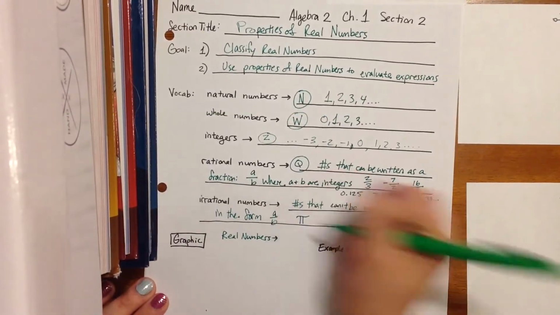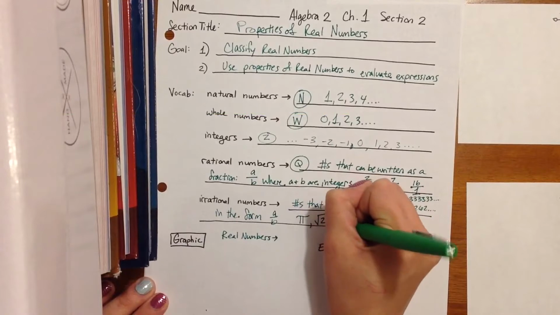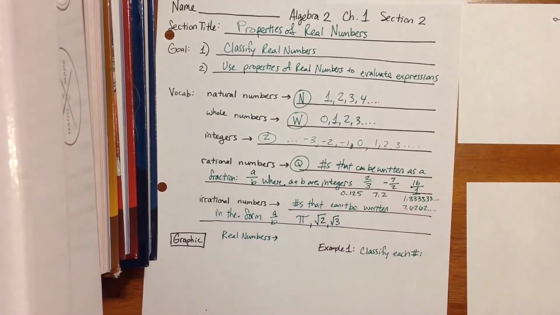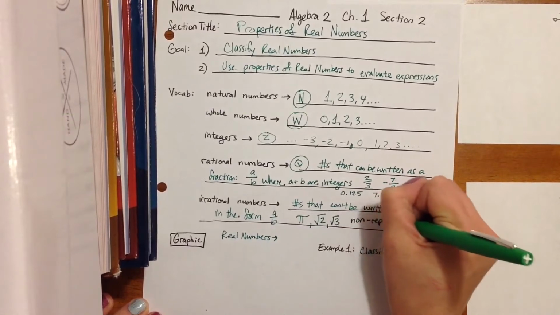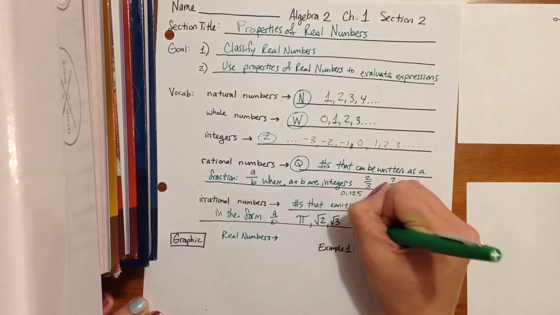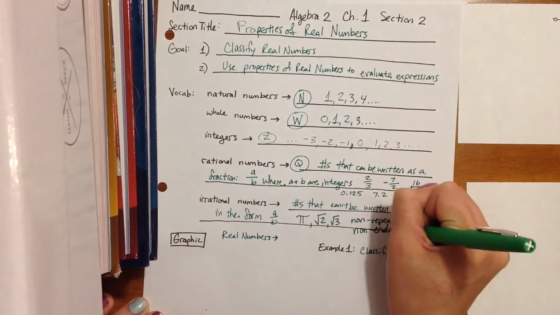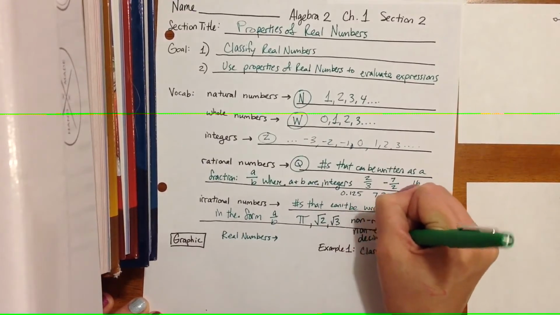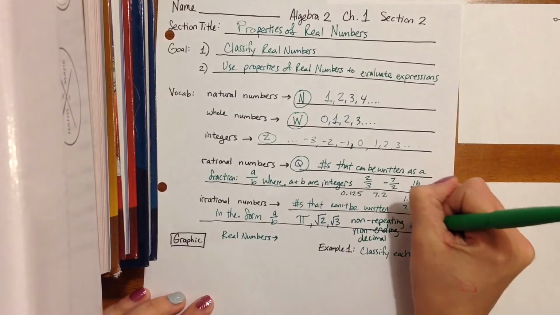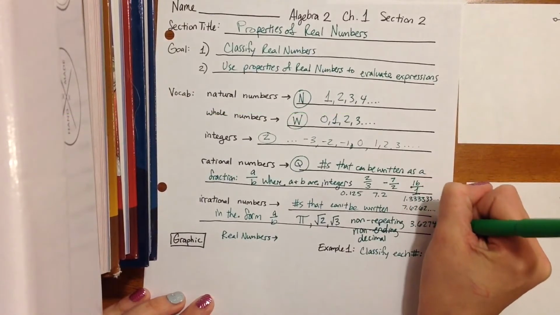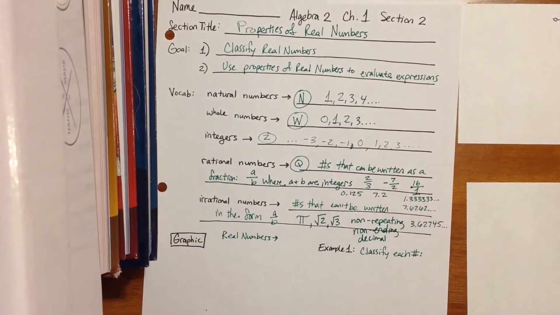Things like pi, things like the square root of 2 or the square root of 3. Any non-repeating, non-ending decimals. So any awkward decimal you have, maybe you have 3.62745, and there really isn't a discernible pattern.